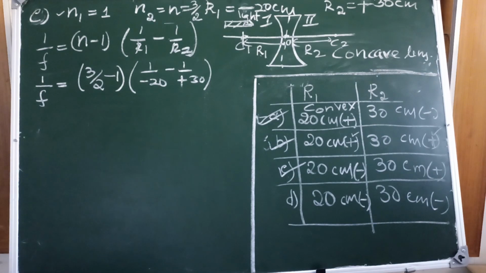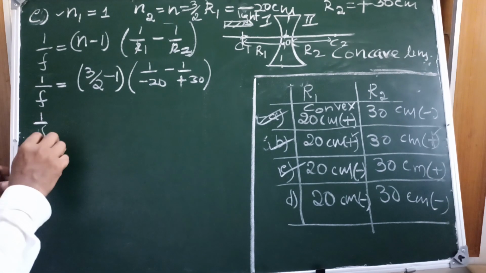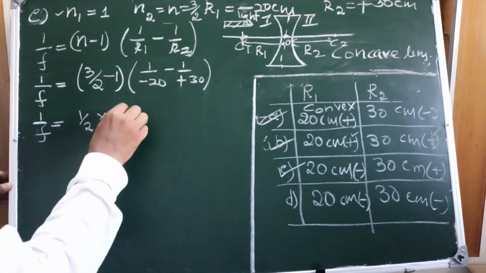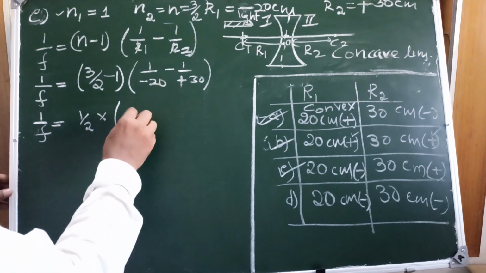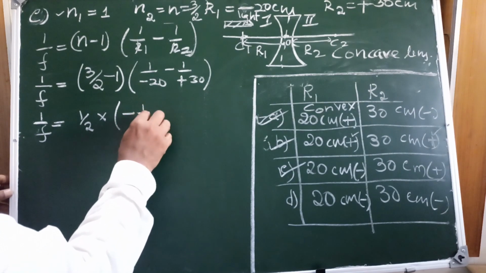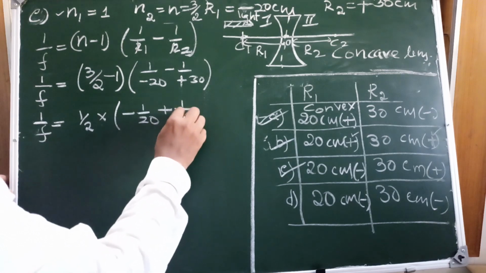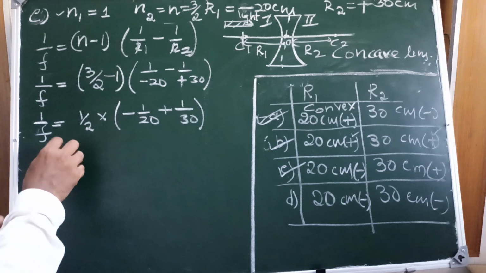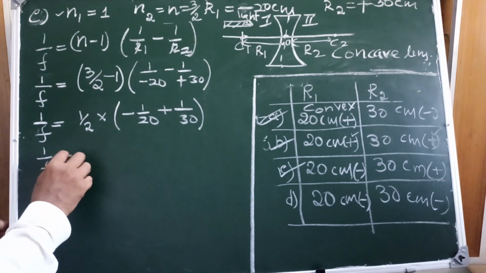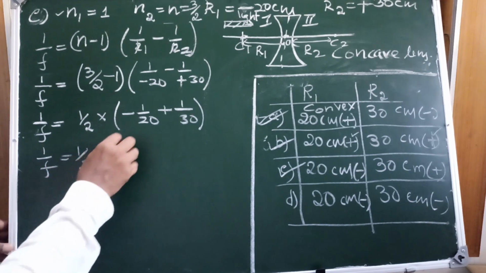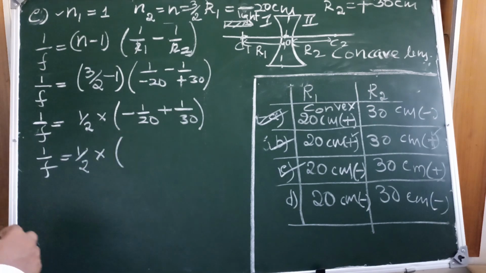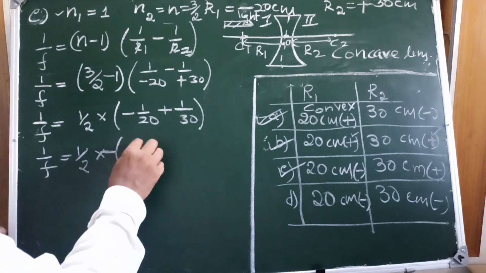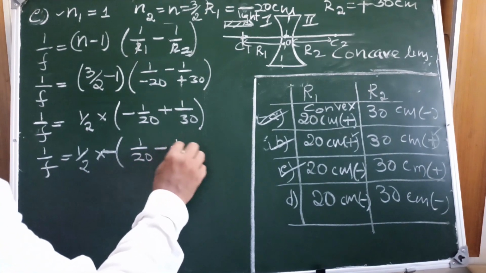Substituting now, 1 by f is equal to 3 by 2 minus 1 means half, multiplied by minus 1 by 20 minus 1 by 30. Now what I will do is, 1 by f is equal to half multiplied by, here I will take minus outside, then it becomes 1 by 20 plus 1 by 30.